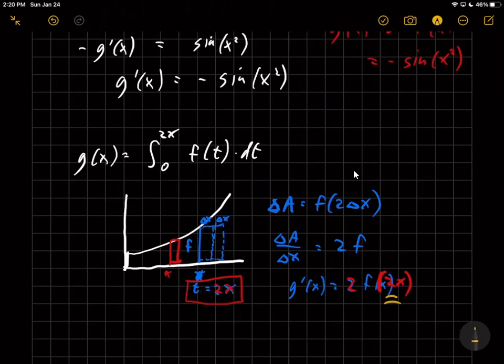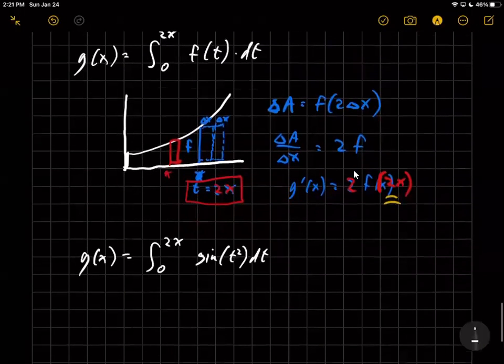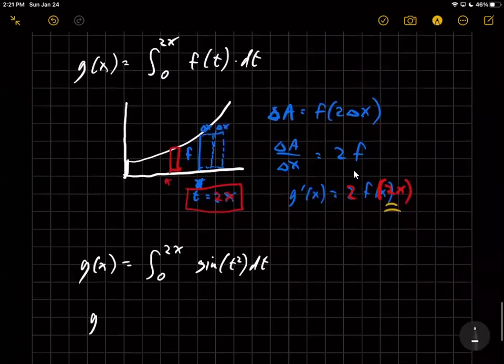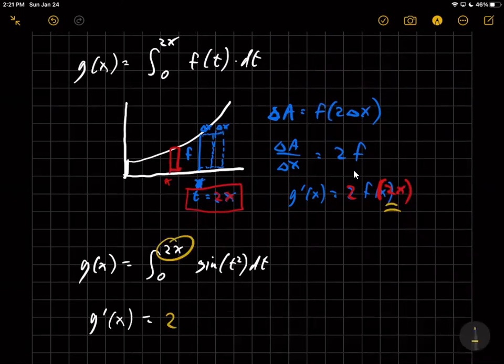Okay, so what is the solution to this? Generically, if this had been g of x is equal to the integral from 0 to 2x of the sine of t squared, and we go to take the derivative, we would chain rule the 2x, and we would get a 2.